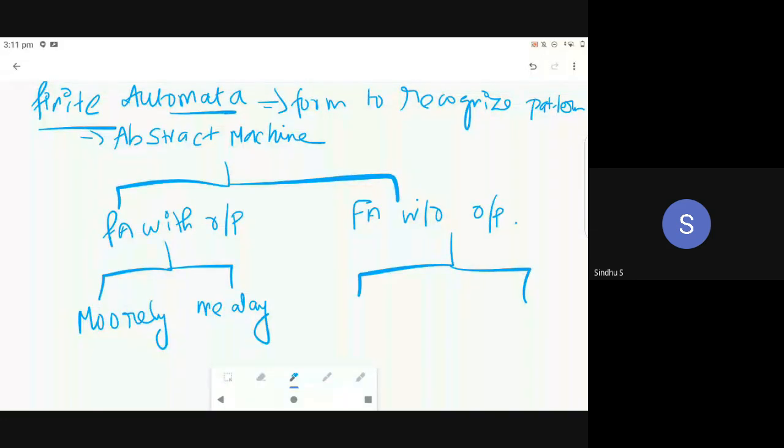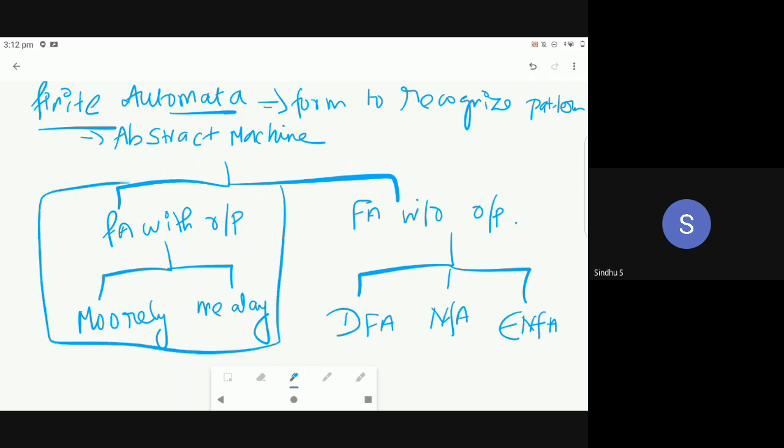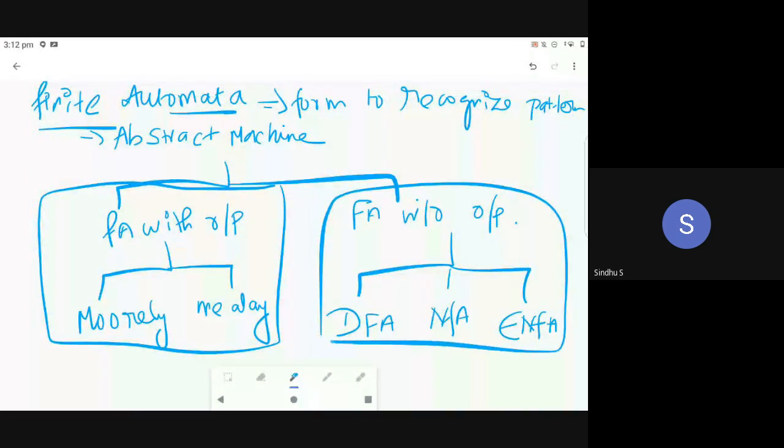Finite automata without output is categorized into three types: DFA, very important, deterministic finite automata, non-deterministic finite automata, and epsilon NFA, epsilon non-deterministic finite automata. See, this part is not covered in your syllabus actually. So this is what we are going to discuss in the first unit.